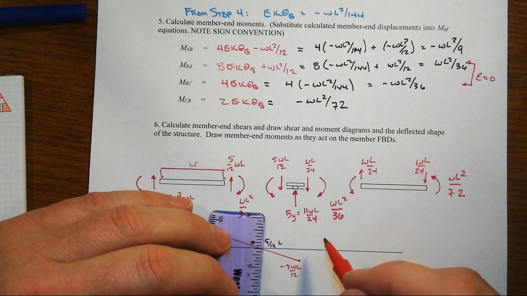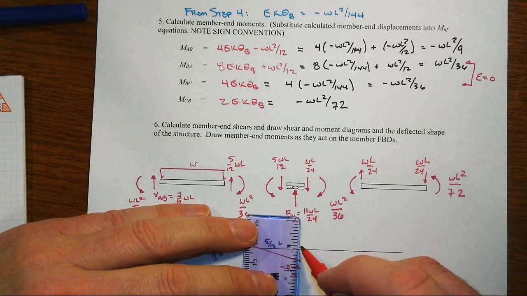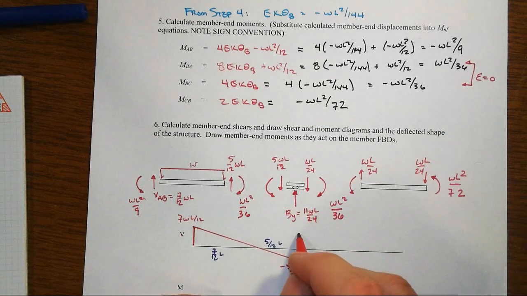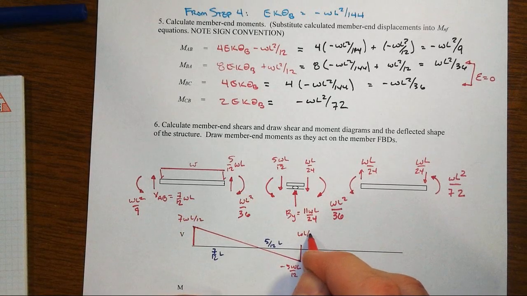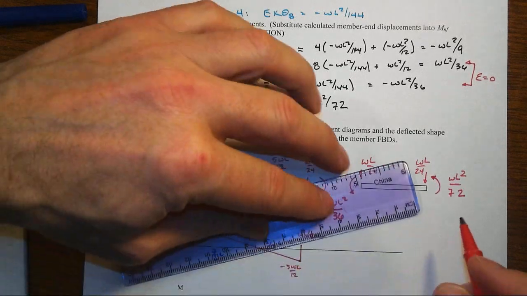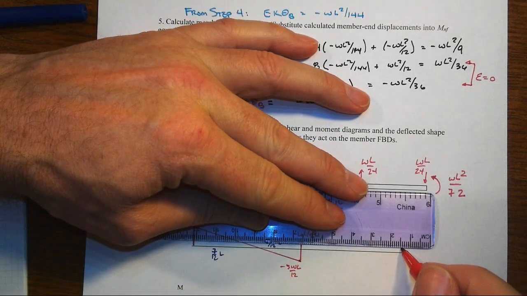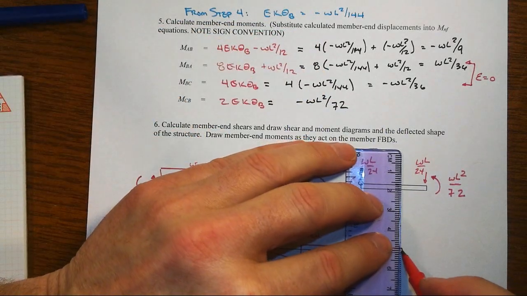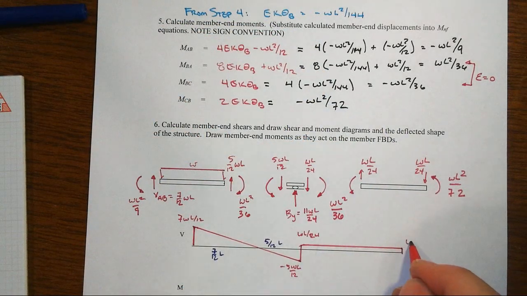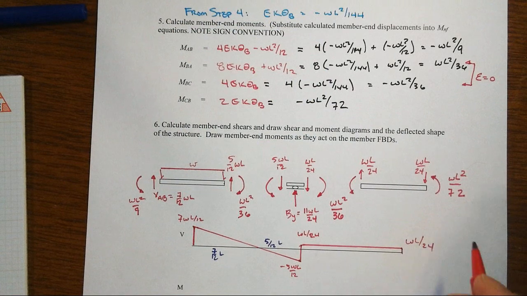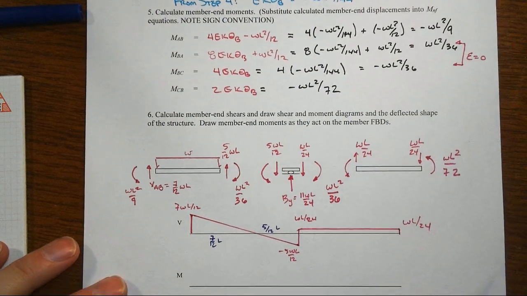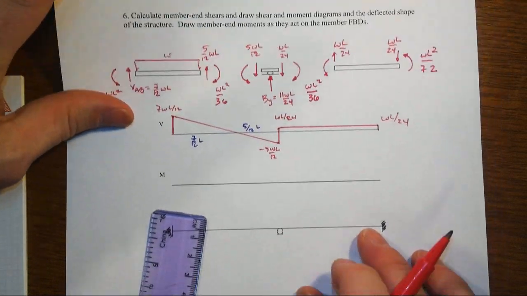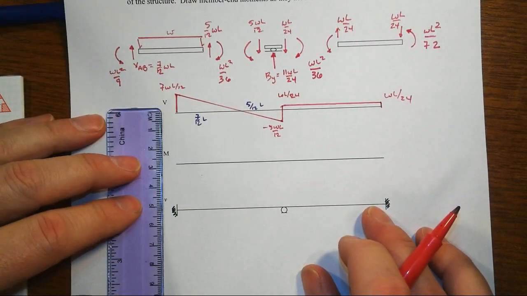And then we'll kick up to a net of positive WL over 24. It'll be flat, and we end up also at positive WL over 24 there. That's the shear diagram. And then the moment diagram.